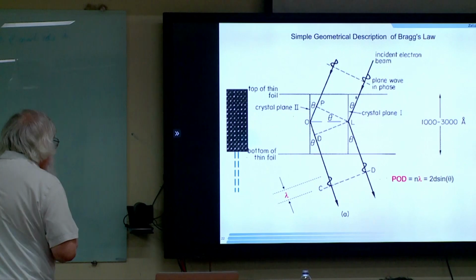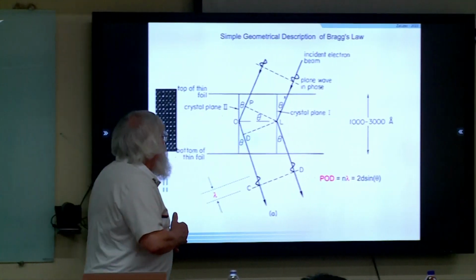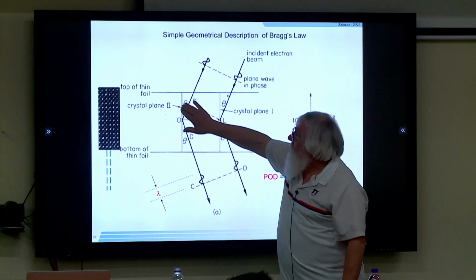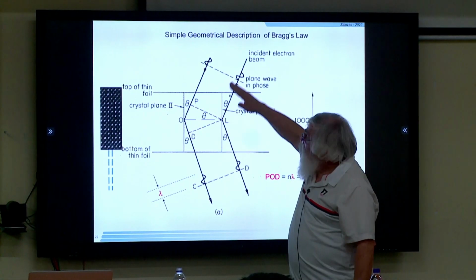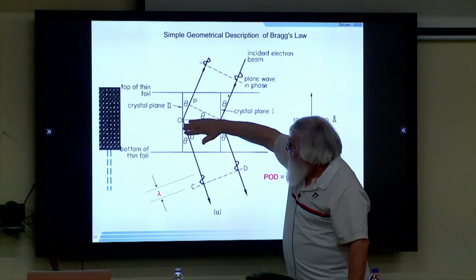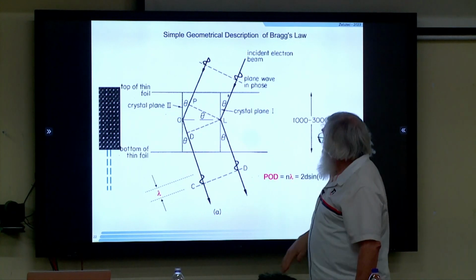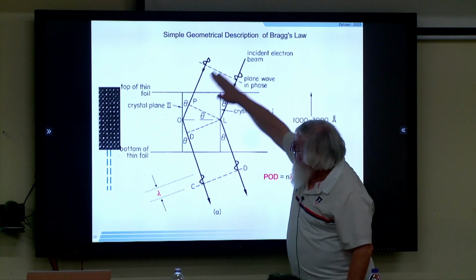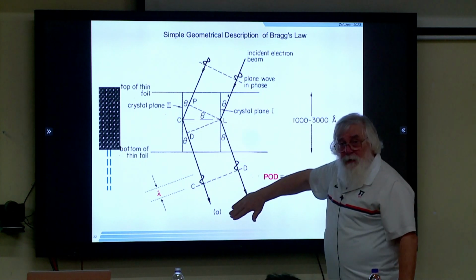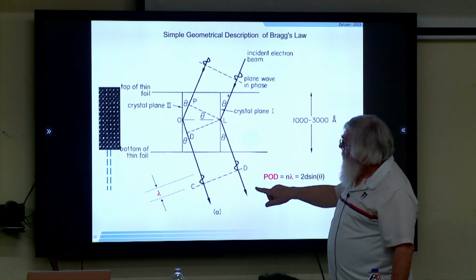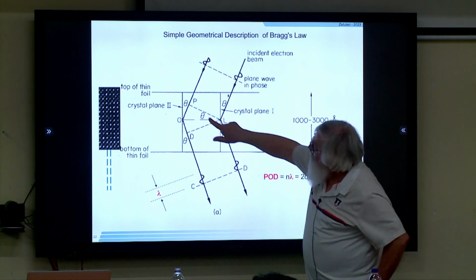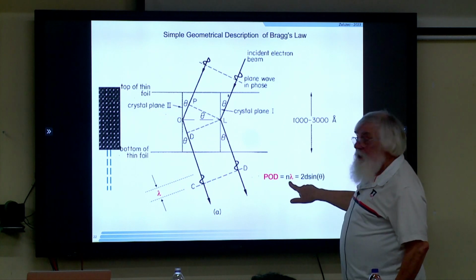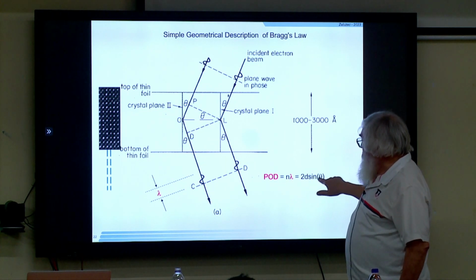Okay? So when we have an incident beam, a plane wave coming in, interacting with planes, those incident beams can be diffracted according to Bragg's law. They can hit the planes and come out. What we want to do is look at the path difference between P, O, and D. POD is equal to n lambda, which equals 2d sin theta.